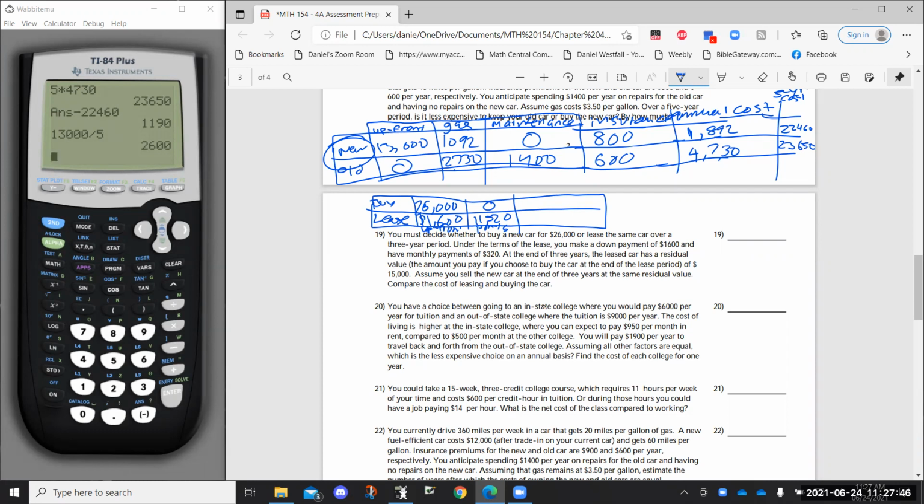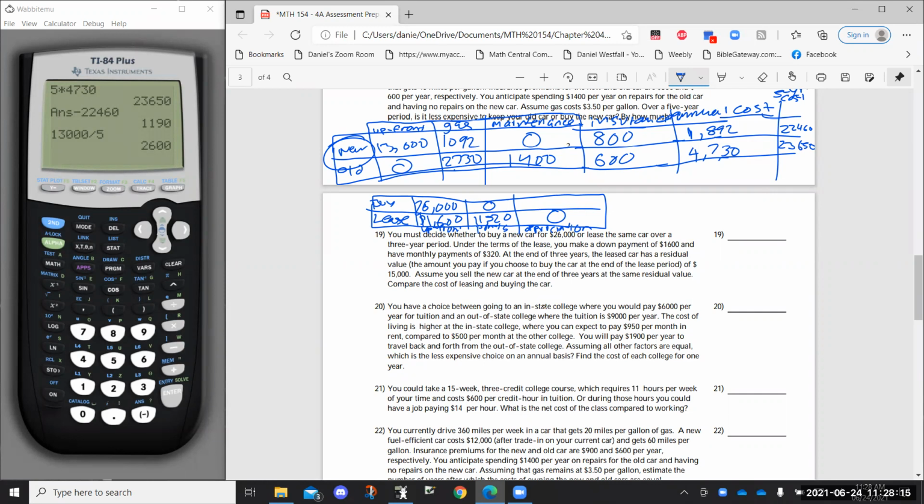And then depreciation really only affects me, that's going to be this column, depreciation. That's only a cost if I buy new and I have to hang on to the car. If it's a leased car, depreciation is not my problem because I turn it in and get another new car at the end of the lease. I don't have to worry about depreciation here, even though they say both cars depreciate.